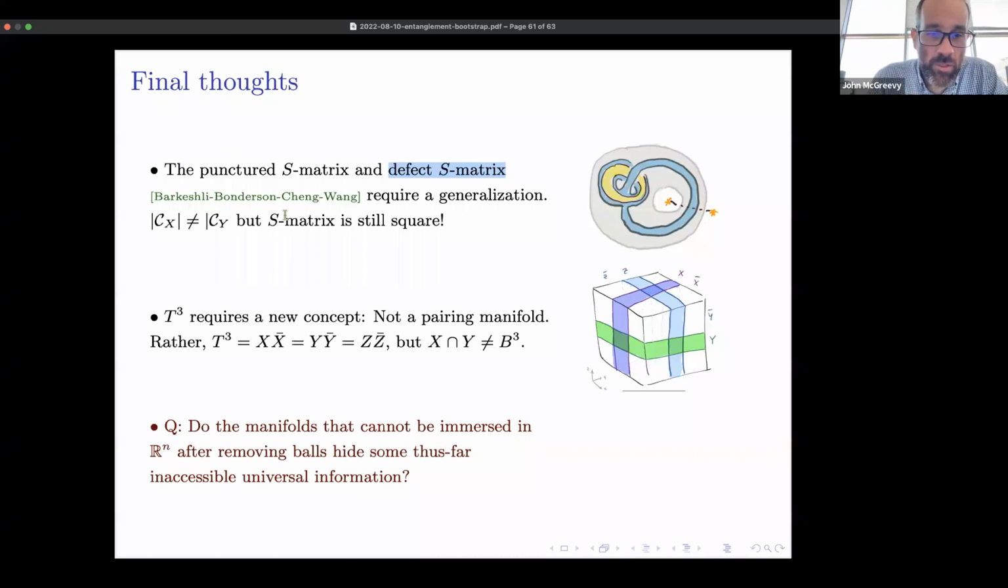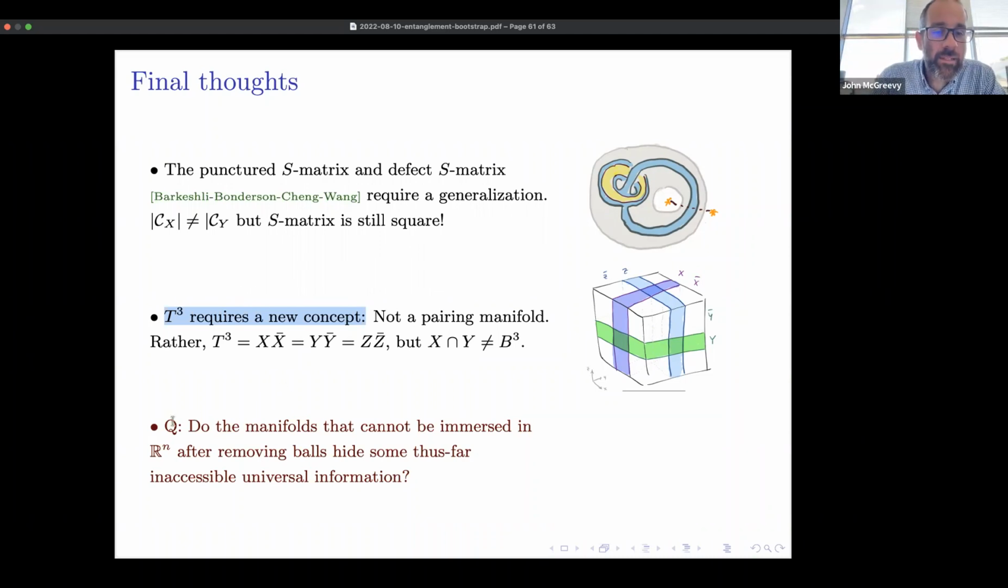This requires some generalization. Understanding T3 and the general loop excitations requires something new because these intersections are not balls. Rather than a pairing, it's more like a triality, where there's no one region which detects all of the excitations in a given torus shell, but rather there are 3 of them which together detect each other.